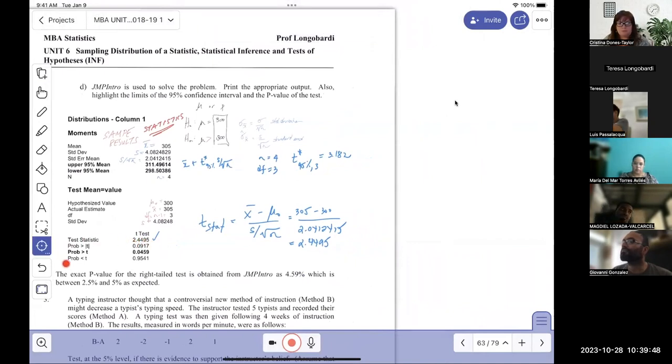And then you have all the probabilities here if you want to do a two-tailed test, a one-tailed test on the right, or a one-tailed test on the left. In our case, because we want to do this test on the right, we pick the p-value in bold.